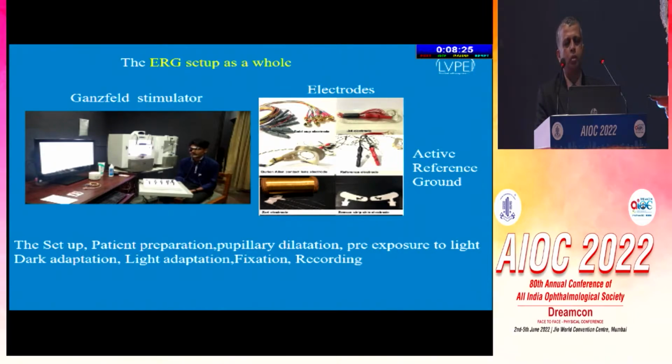The active electrodes need to be placed on the cornea or bulbar conjunctiva, or on skin close to the cornea. This is connected to a positive terminal. Then a reference electrode is used, which is connected to a negative terminal, so that a difference of potential can be recorded. There is a ground electrode, which can be placed either on the skin of the forehead, near the mandible, or just anterior to the ear.